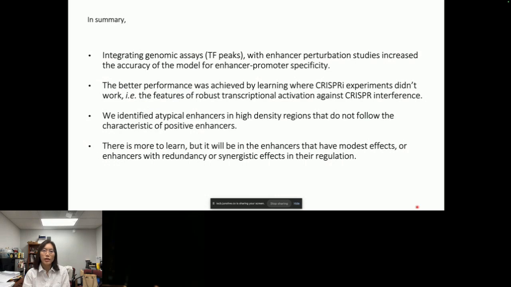We identified atypical enhancers in high-density regions that do not follow the characteristics of positive enhancers. And there seems to be more to learn about these relationships, but it will be in the enhancers that have modest effects, or enhancers with redundancy or synergistic effects in their regulation.